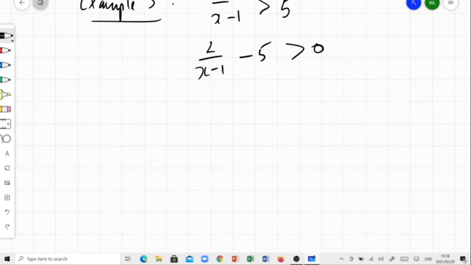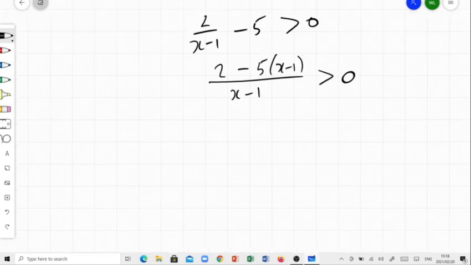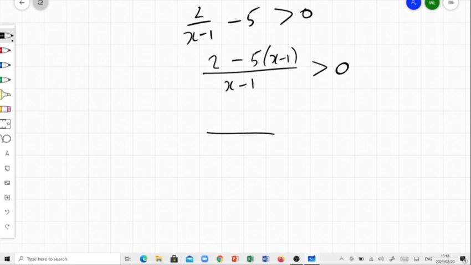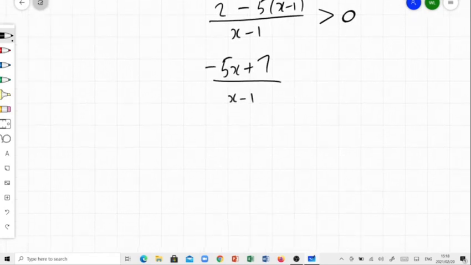Then I simplify it into a fraction. So it's 2 minus 5 times x minus 1, over x minus 1. And this is going to be minus 5x plus 5 plus 2, so plus 7. Okay. So it is minus 5x plus 7.